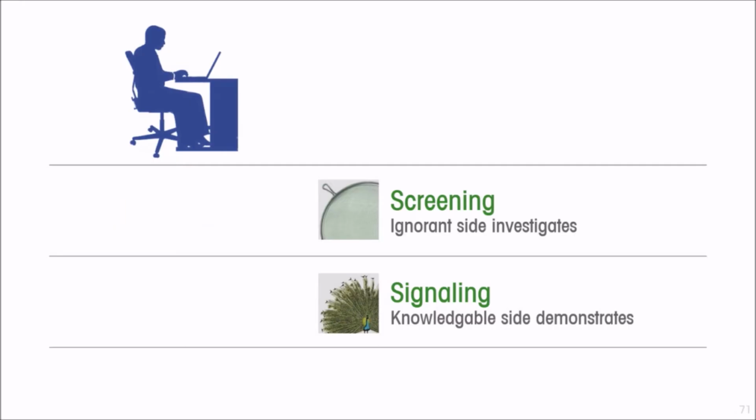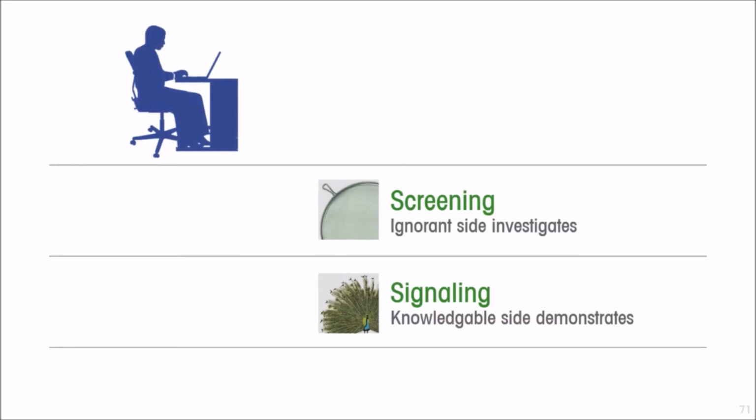What about the job market? Well, that's a market with asymmetric information. The potential employee, the provider of labor, knows how smart he is and how hard he's willing to work and the level of his or her commitment.